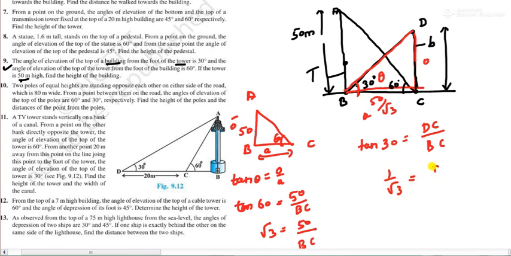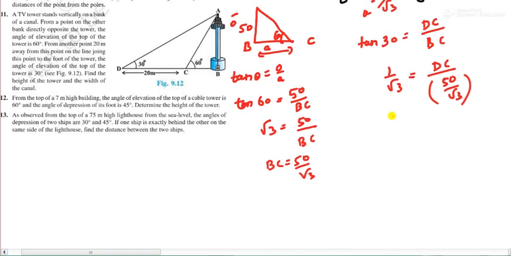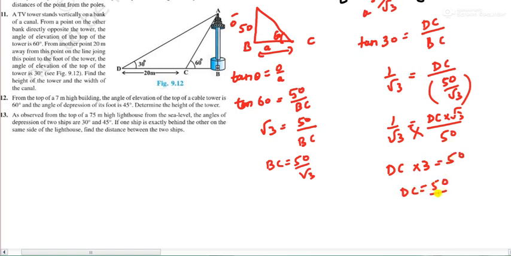DC we don't know, but BC we know, it is 50 by root 3. Since it is in the denominator, as per the rule, it will come to the numerator, so DC into root 3 is equal to 50. Now do the cross multiplication. So DC into root 3 into root 3, which is 3, is equal to 50. Therefore DC will be equal to 50 by 3.